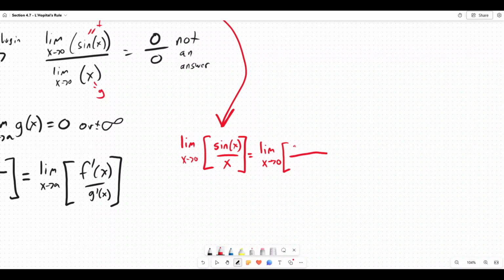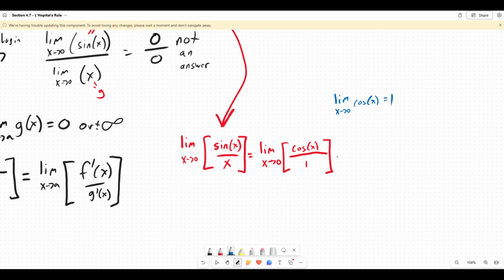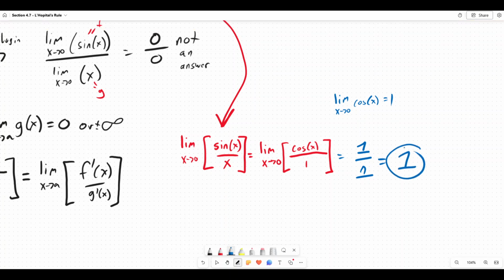So the derivative of sine is cosine. The derivative of x is 1. Notice, at this point, the limit as x approaches 0 of cosine is 1. And so we get our answer, which we were expecting, which is 1.